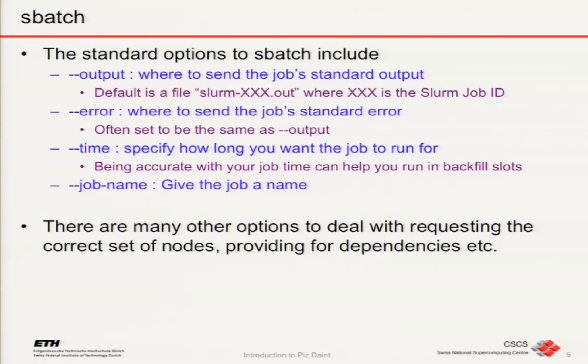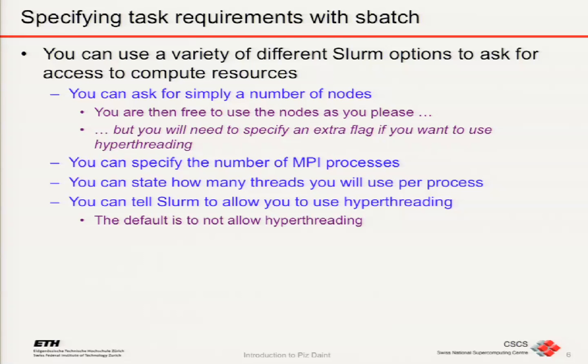So sbatch, well, we put down output, error, time, job name. It's important to put a time in and an accurate time because you, again, can fit in those backfill slots. Specifying the task requirements with sbatch is the thing that I just want to mention here, particularly on this machine, because we've just been migrating from an older version of Slurm to a newer version of Slurm, the first to be deployed on this type of system.